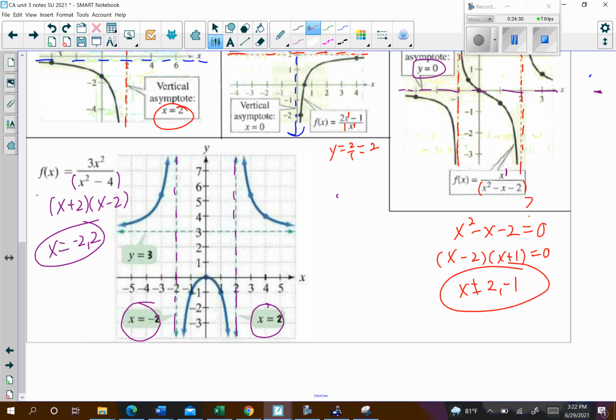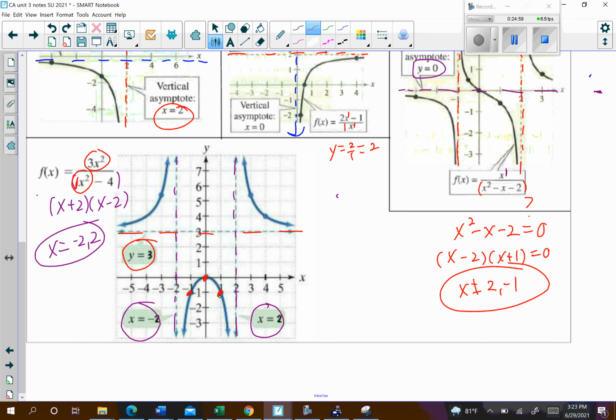And this time, the variables have the same power, so you take the ratio here. It's going to be 3 over 1, and 3 divided by 1 is 3. So y equals 3. So there's that one. And once again, if you have two vertical asymptotes, find 3 points so you can figure out, is it that parabola shape or is it more of a cubic shape?